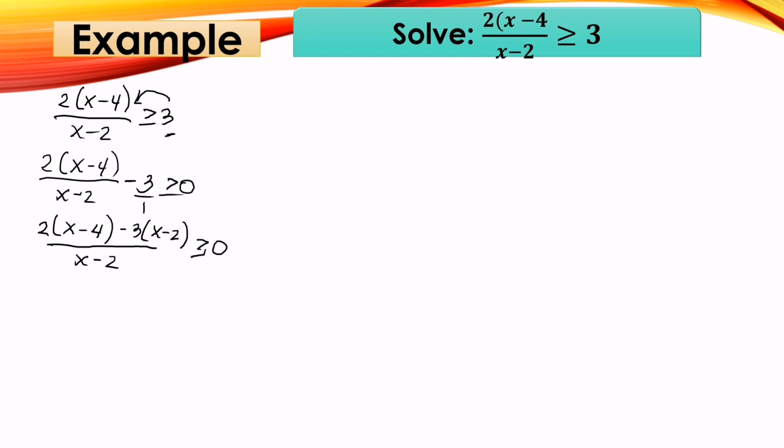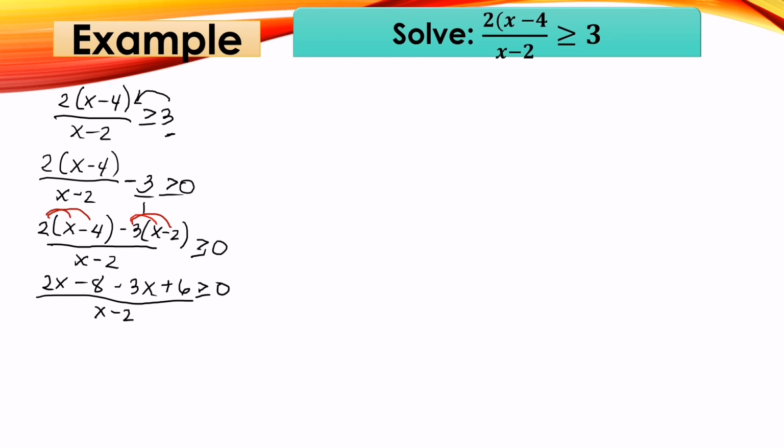Then simplify. So 2 times x is 2x. 2 times negative 4 is negative 8. Negative 3 times x is negative 3x. And then negative 3 times negative 2 is positive 6 is greater than or equal to 0 all over x minus 2.